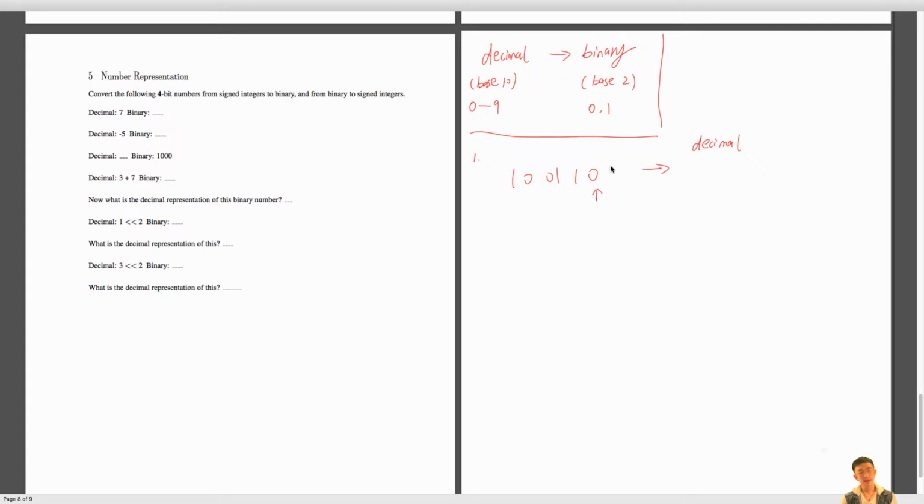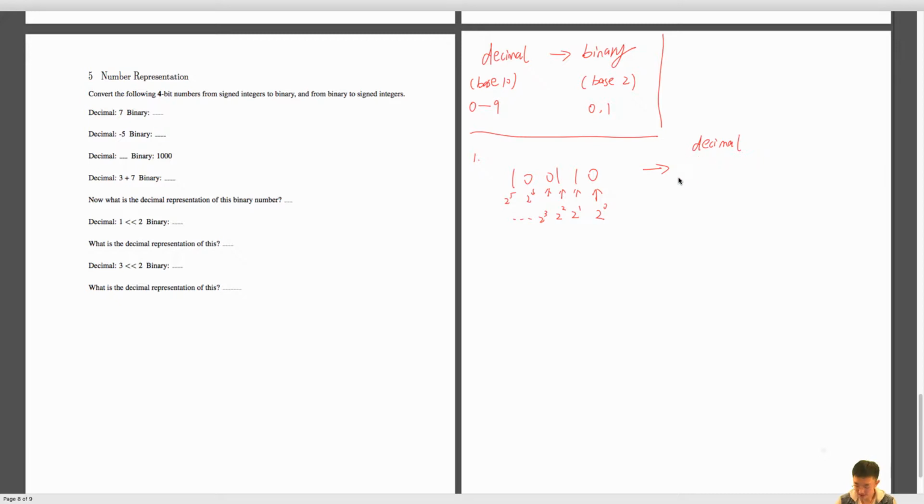Starting from this one, it represents 2 to the 0, 2 to the 1, 2 to the 2, 2 to the 3, and so on, so 2 to the 4 and 2 to the 5. And the way we change a binary number to a decimal number is just to directly add it all together.